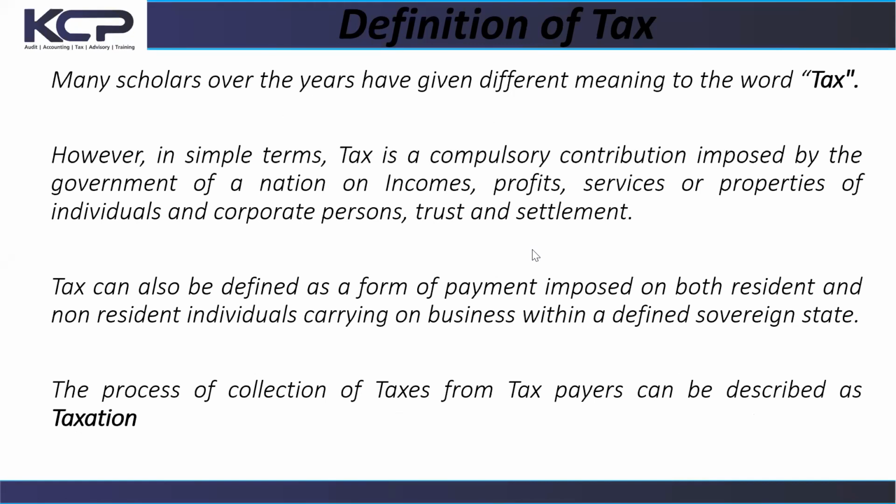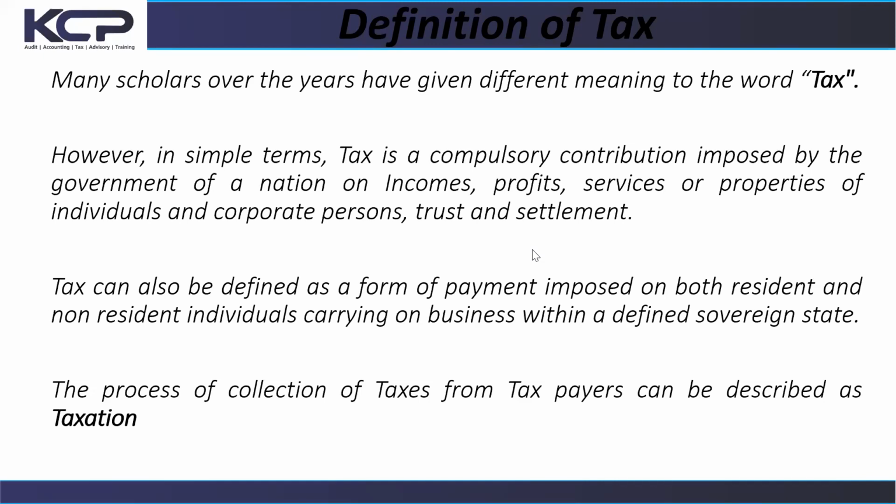However, in simple terms, tax is a compulsory contribution. Why is it compulsory? It is not optional. The moment you have met the condition of being exposed to that process, you don't have an option but to pay. So tax is a compulsory contribution imposed by the government.